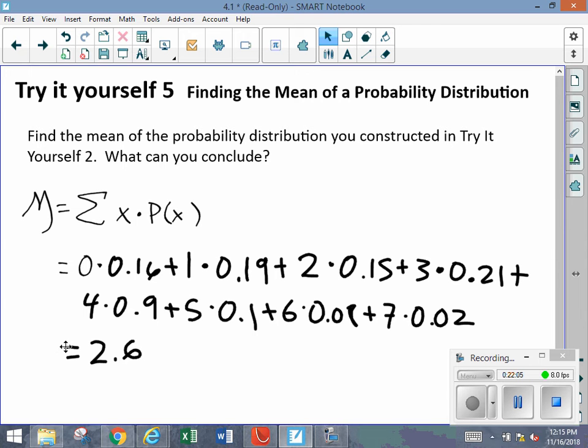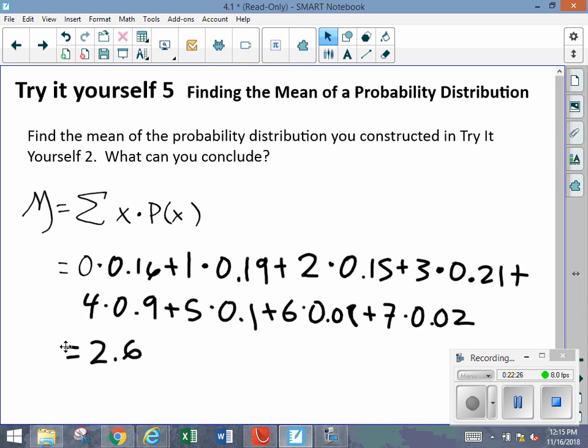All right, what does that mean? 2.6. Another way that we express that, it's also called the mean of a probability distribution, is also called an expected value. All right, which makes a lot of sense, right? That means on average, right?